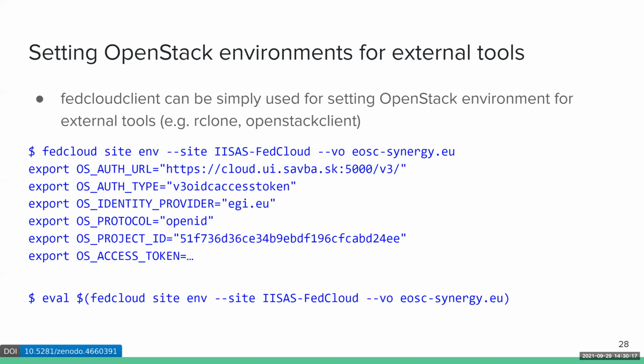For example, you can use FedCloud for setting the OpenStack environment for external tools. If you just execute fedcloud site env, you can see it prints the export commands for every environment variable needed for OpenStack. So you can just evaluate it, and you can have every environment variable for your OpenStack site set, and you can work directly with the OpenStack site without FedCloud. You can use external tools with the OpenStack site.